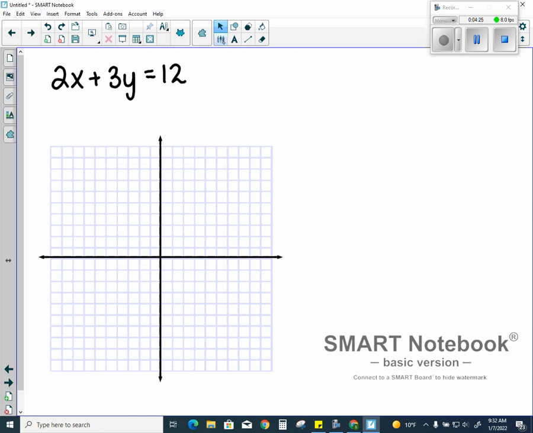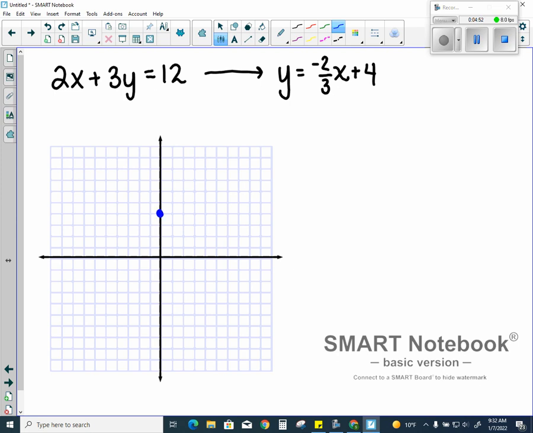If I want to sketch a graph of the line 2x plus 3y equals 12, slope-intercept form of this line gives me all the information that I need to draw a picture of this line. Okay. If I know a point on my graph and I know the slope, that's enough information for me to draw a picture of that line.